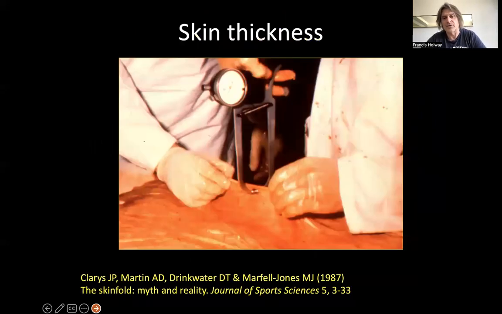This is another picture where they are using the Harpenden skin fold caliper to estimate the thickness of skin in different parts. The thickest part is the subscapular. That's where the thickest skin is. The thinnest part is in the biceps. And males have thicker skin than females in general.